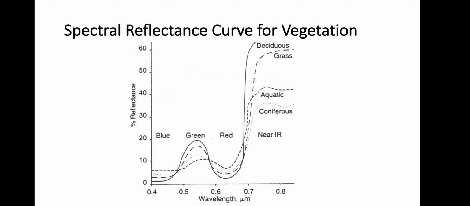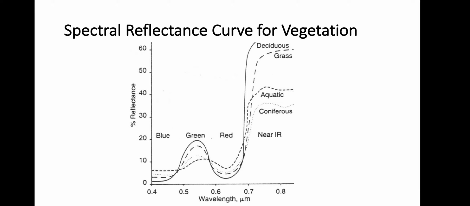However, only 10 to 15% of the incident energy is reflected in the green band. If you see the graph, wavelength versus reflectance in percentage, you can see that blue and red wavelengths are absorbed the most, that is, they are reflected the least, while green wavelength is reflected comparatively more.